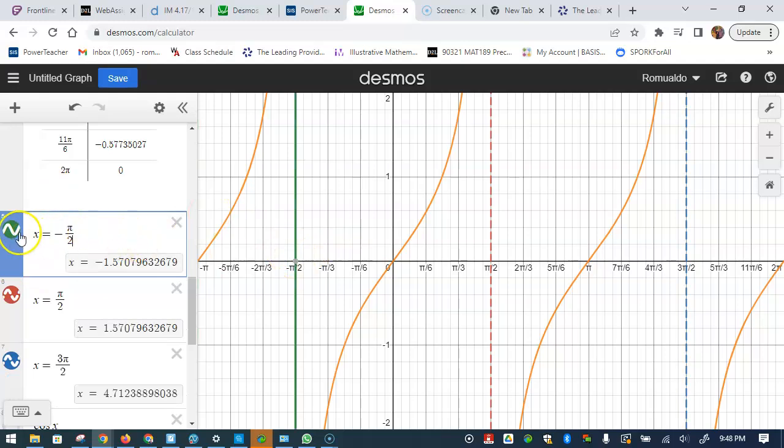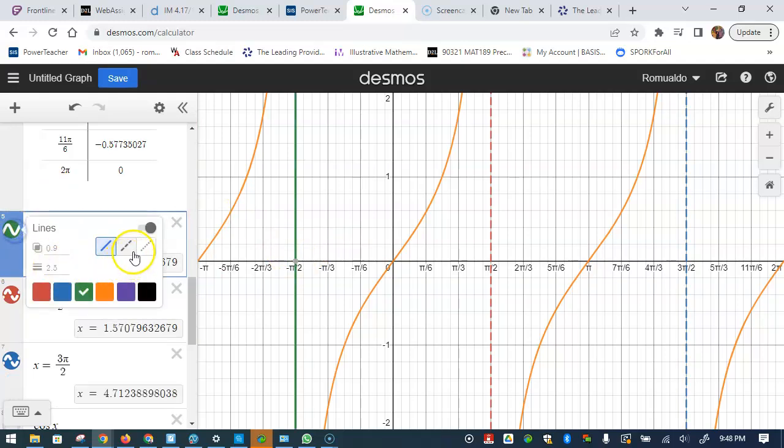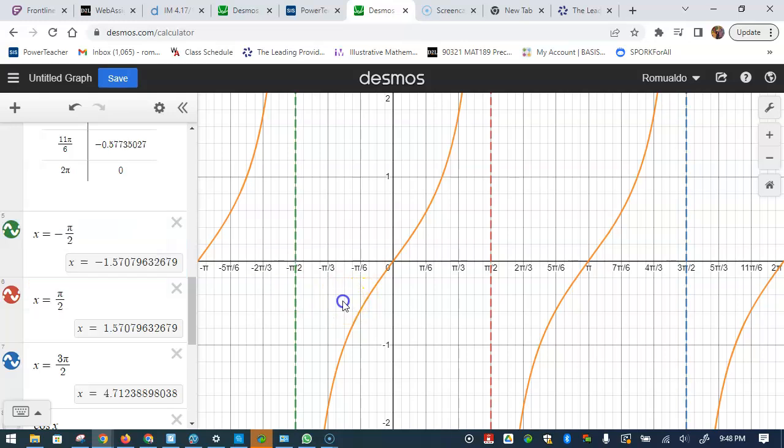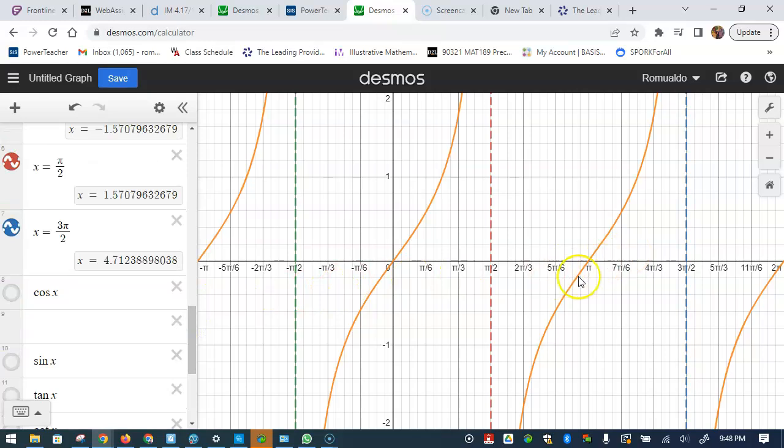And there's another one. So all these are vertical asymptotes. So we cannot have a multiple of pi by 2. So if we say the domain is, you can plug in any angle for tan, but you cannot have those, that's why we have that.